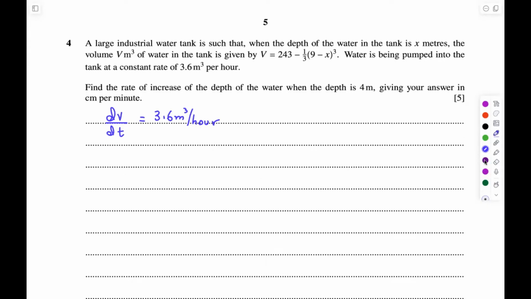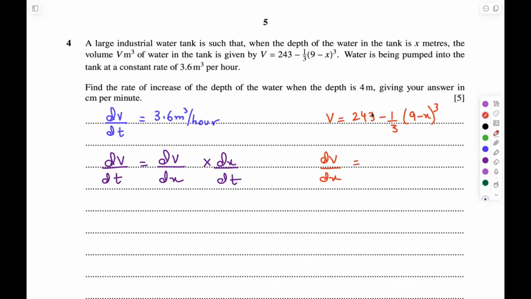Now the relationship between V and x in this case will be dV/dt equals dV/dx multiplied by dx/dt. So first, finding dV/dx, as V is equal to 243 - 1/3 (9 - x)^3. Differentiating 243 will become 0. 3 will multiply by minus 1/3, so that will become minus 3/3 (9 - x).